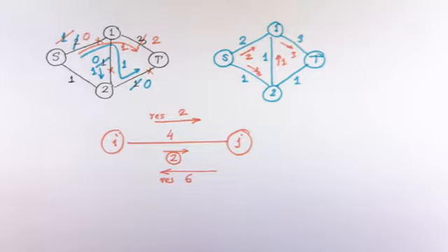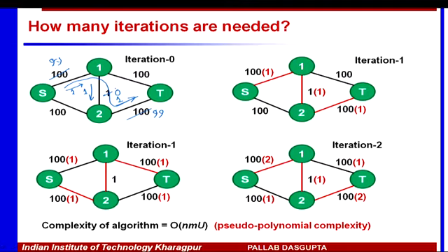Now, the thing that I want to show you here is that if you choose the augmenting paths in an arbitrary way, that is, I choose my first path like this, then after augmenting through this, I choose my second path like this, right. So, what does it do? It reverses this 1 unit of flow, and from 100 units, 1 unit is flowing like this.